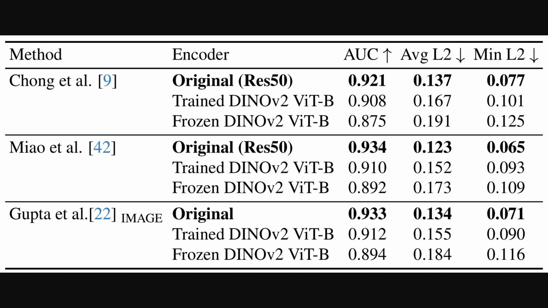What's fascinating is that the original models consistently outperformed the versions with DINOv2 swapped in. This result proves that a powerful encoder isn't a magic bullet. You need a decoder specifically designed to work with it, which justifies Gaze-LLE's new design.